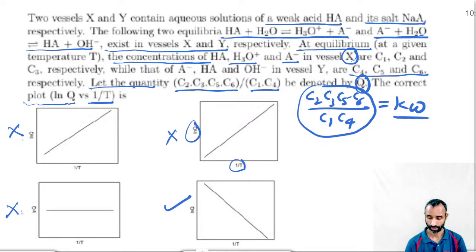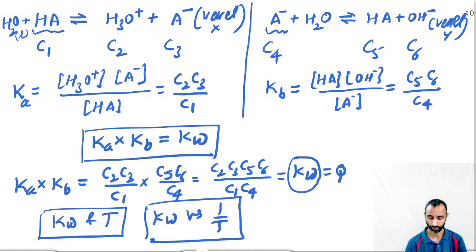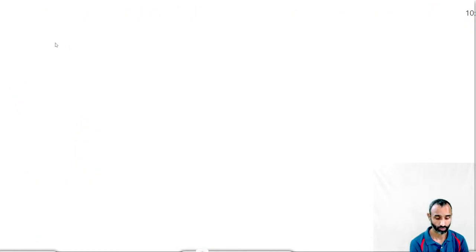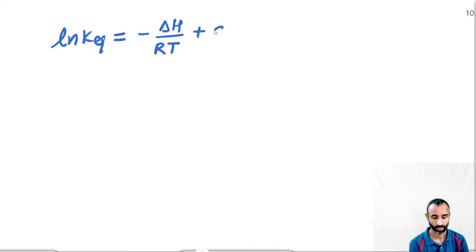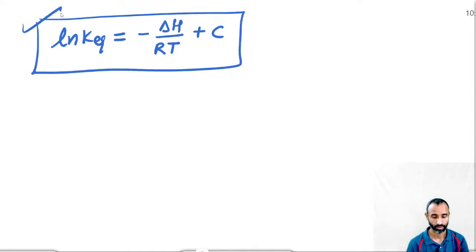And one more thing to keep in mind: from the Clausius-Clapeyron equation, natural log of K equilibrium is related to the enthalpy of the reaction. We will see it in the next part. Equilibrium constant is related to enthalpy of reaction as well.